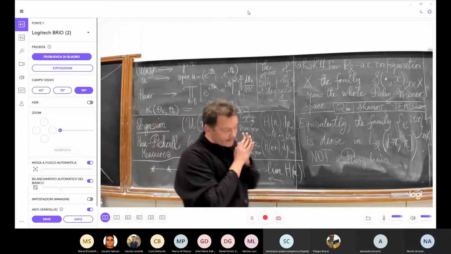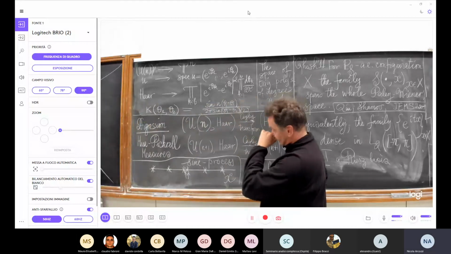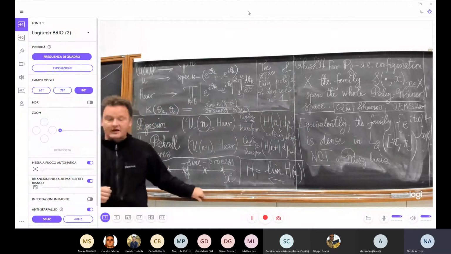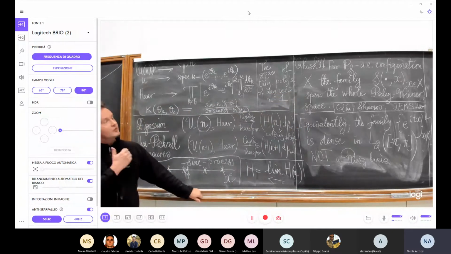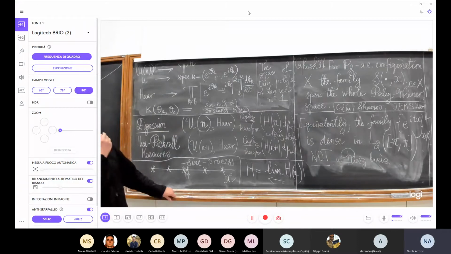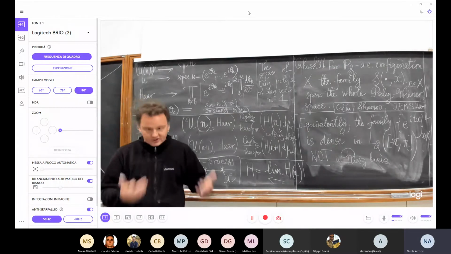Because indeed, on the one hand, a set of n points is a uniqueness set. So a polynomial of degree n minus 1 cannot possibly have n roots. If it has n roots, it is the zero polynomial. And at the same time, for any n minus 1 values, it is possible to give a polynomial which assumes these values.